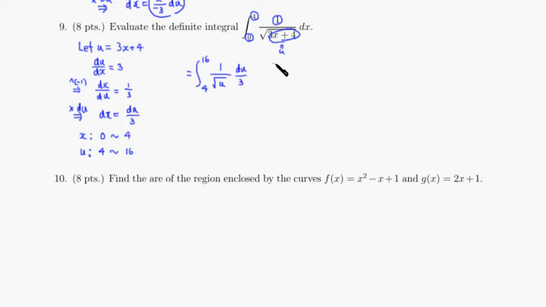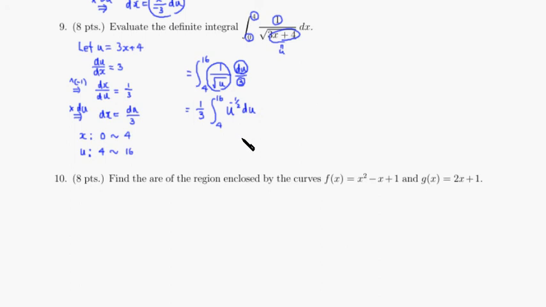Cleaning up a little bit, there's 3 on the bottom, so the constant is 1/3, and we kick the constant out. The integral still goes from 4 to 16. I don't like fractions or square roots, so I'm going to write it as u, since u is sitting in the denominator, so it's a negative power, and a square root is a 1/2 power, so it's going to be u to the negative 1/2 power, and a du.